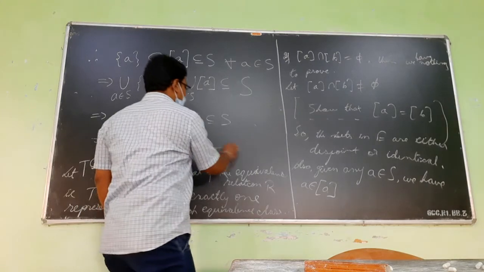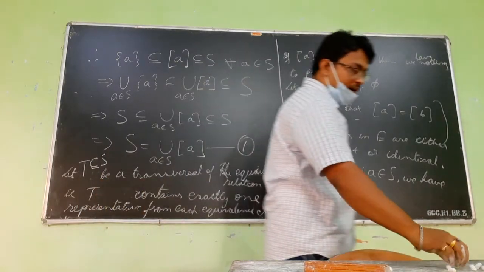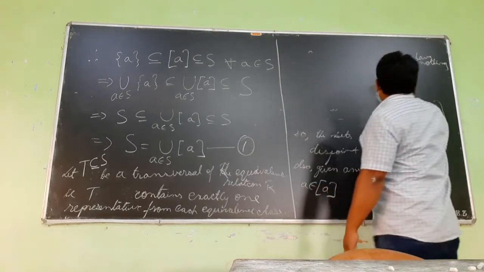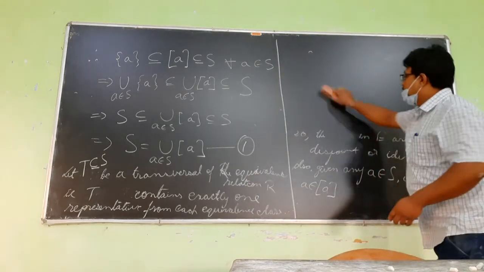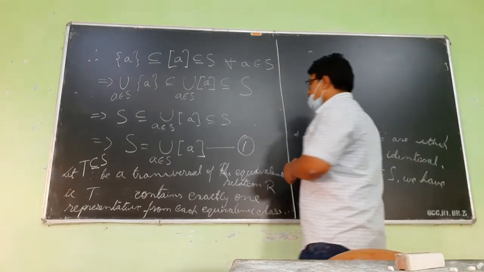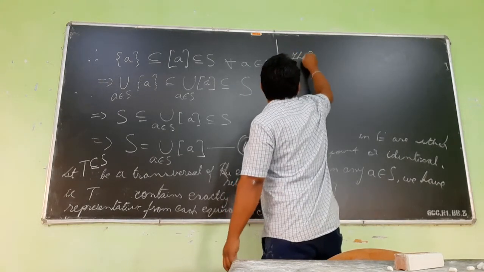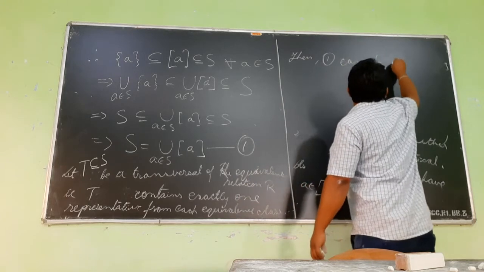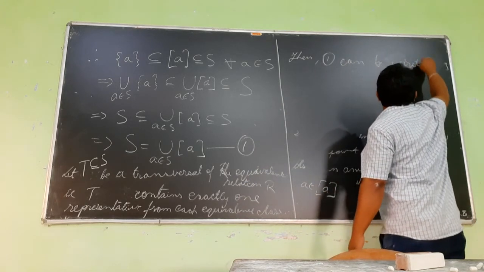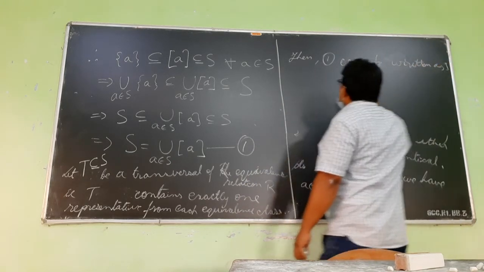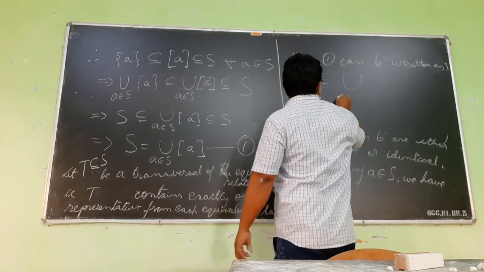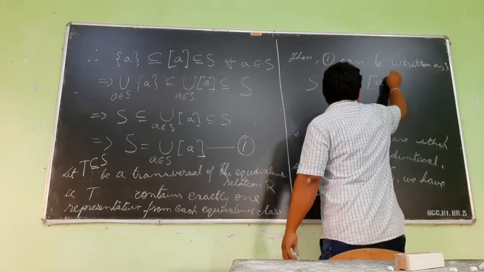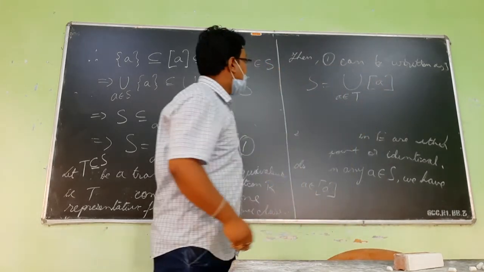Then E can be written as equal to union of A belongs to T, of singleton, equivalence class.